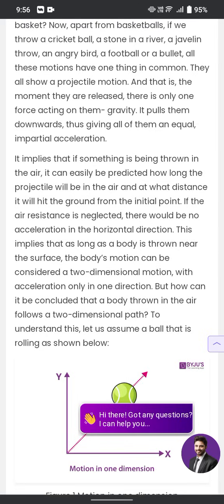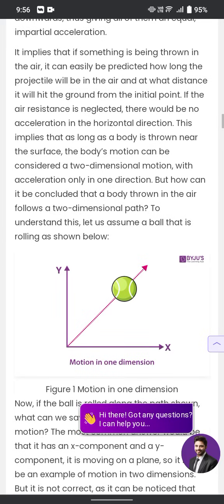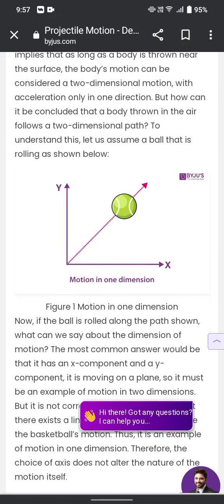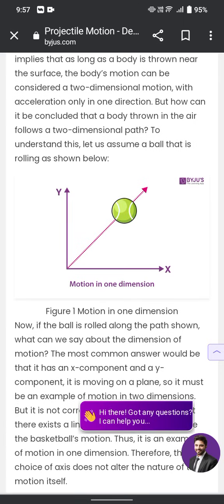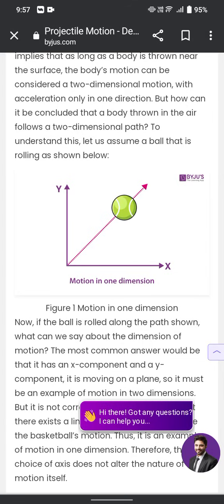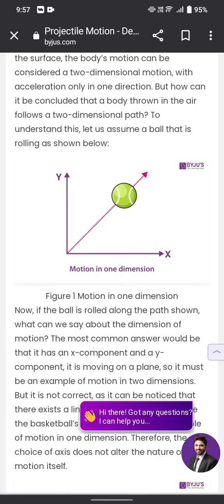But how can it be concluded that a body thrown in the air follows a two-dimensional path? To understand that, let us assume a ball that is rolling, as shown below. Figure 1: motion in one dimension. Now, if the ball is rolled along the path shown, what can we say about the dimension of motion? The most common answer would be that it has an x component and a y component.